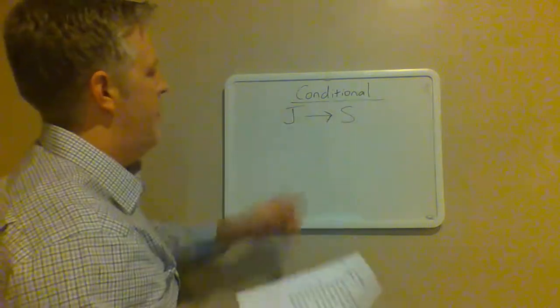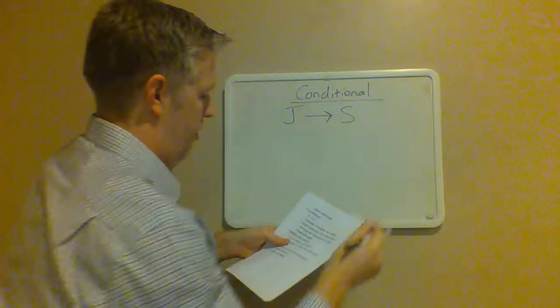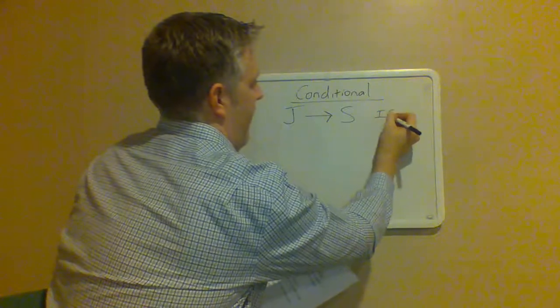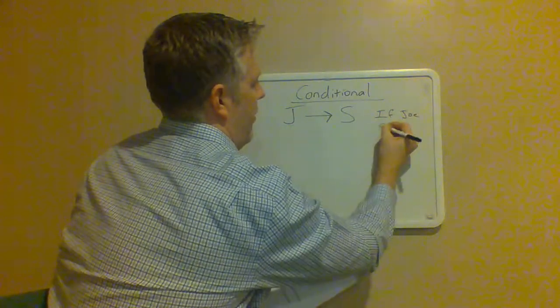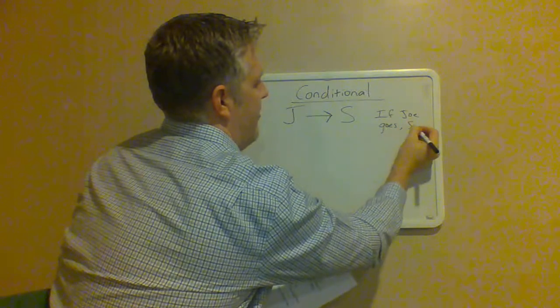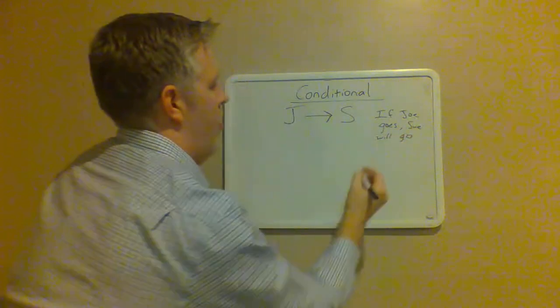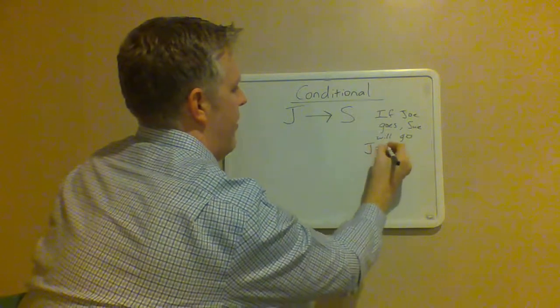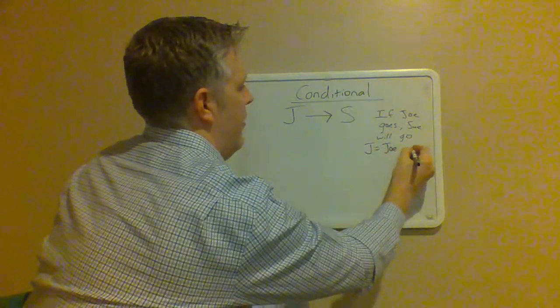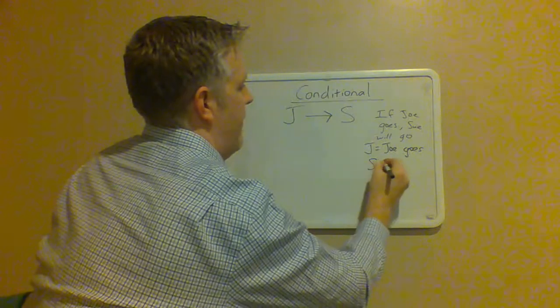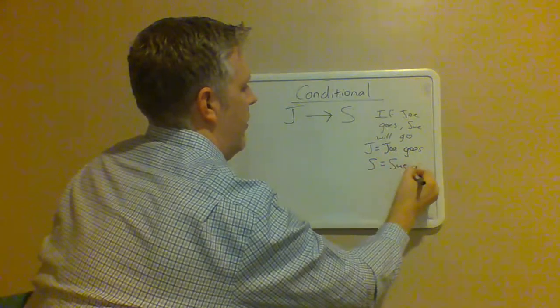All right. If Joe goes, Sue will go. So let me write that up here. If Joe goes, Sue will go. Okay. So J will stand for Joe goes, and S will stand for Sue goes.